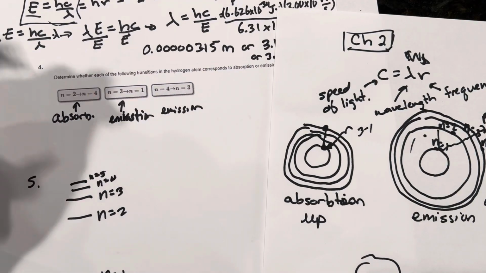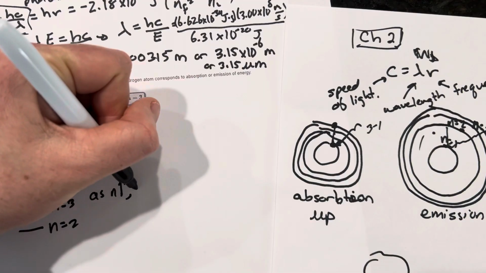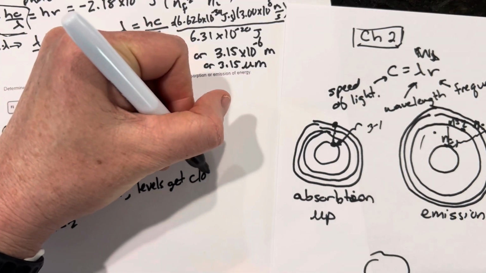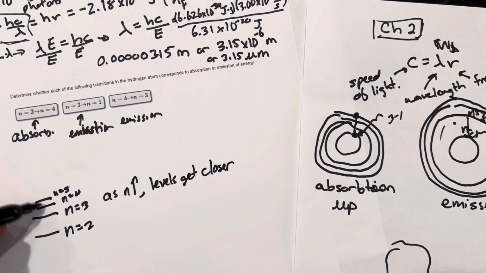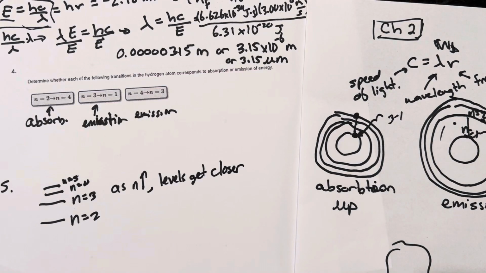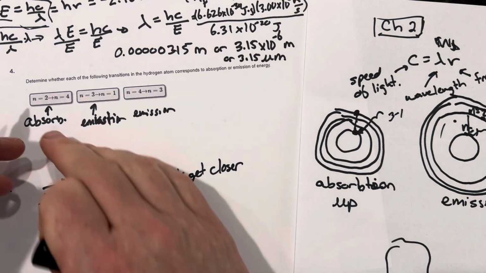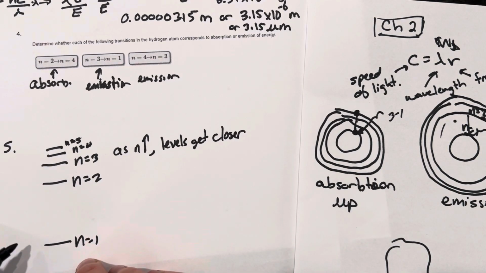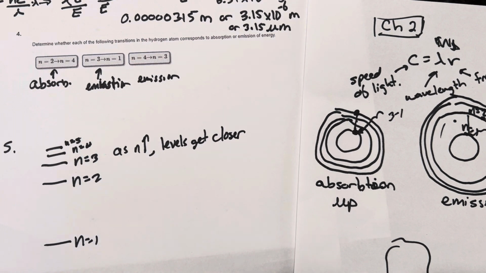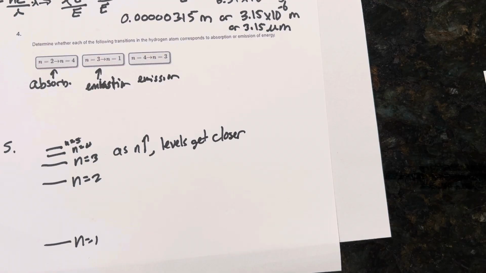So as they go up, they get closer together. So if something falls in here at the top, it's got a lower energy level. It's going to emit something that's lower in energy. Whereas if it makes a big fall all the way down to n equals 1, like UV light, then it's going to have an emission of higher energy. All right, I think that about covers it. Let me know if you guys have any questions.